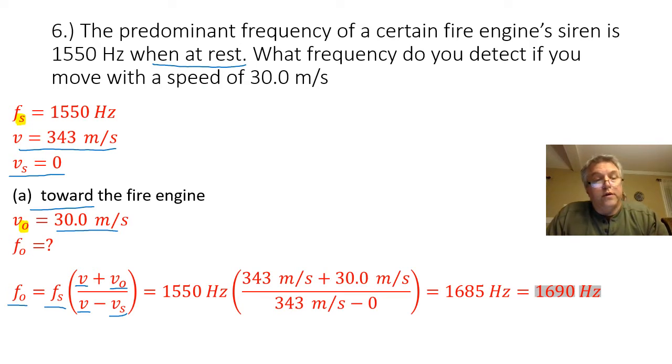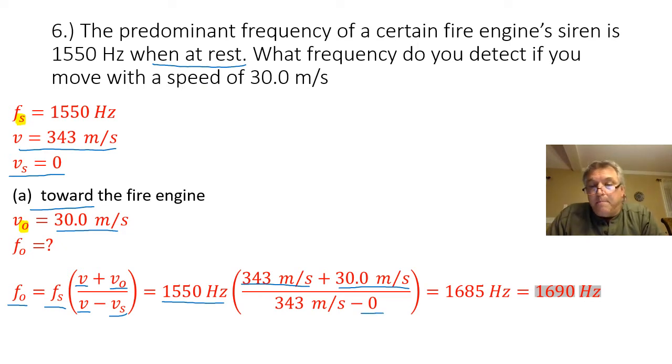So I know that the frequency of the source is 1,550 Hertz. The velocity of my sound wave is 343 meters per second. The velocity of the observer is 30 meters per second, divided by the velocity of the sound wave again, which is 343 meters per second, minus the velocity of the source, which is 0.